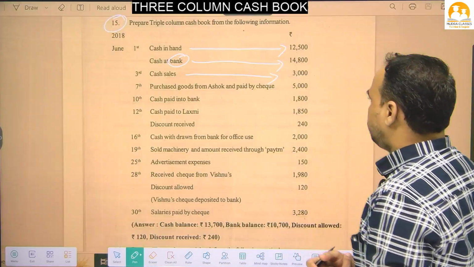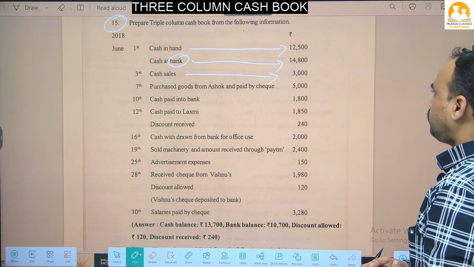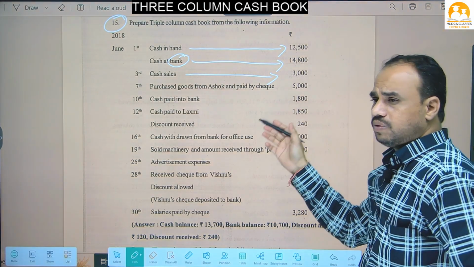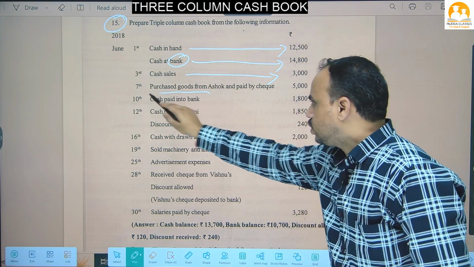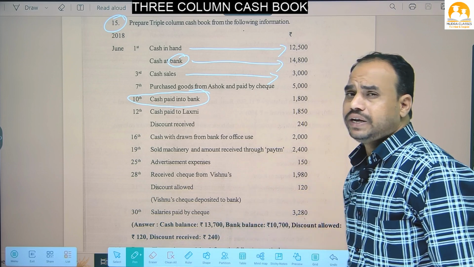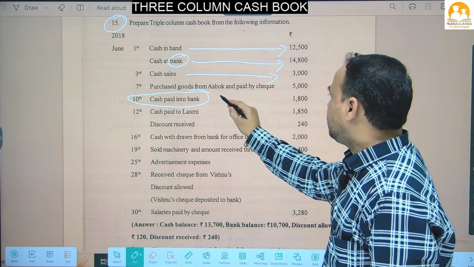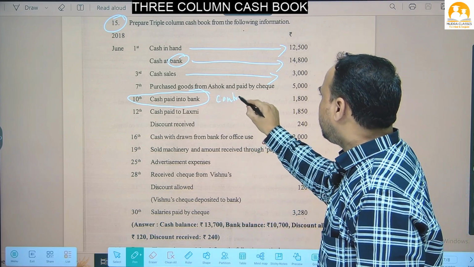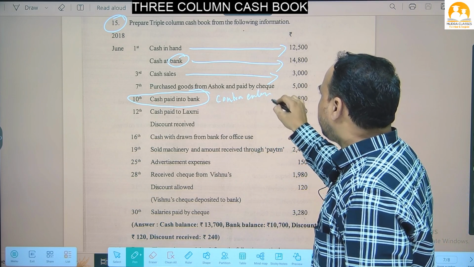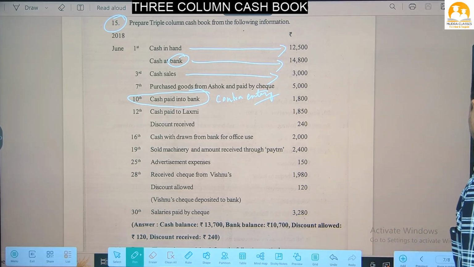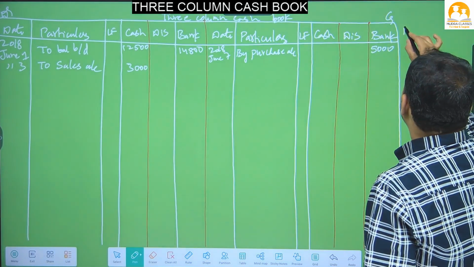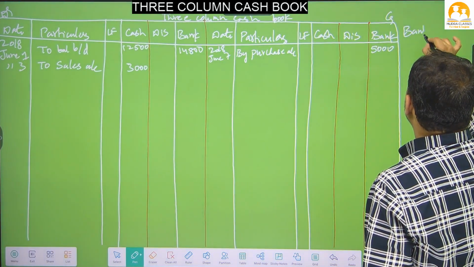See the next transaction beta. Purchase goods from Ashok and paid by check, 5,000 completed. See the next one. Cash paid into bank. What is this? This is a contra entry. Immediately we have to recognize after seeing the question. Cash paid into bank. Which journal entry we will use here? We will use this journal entry.